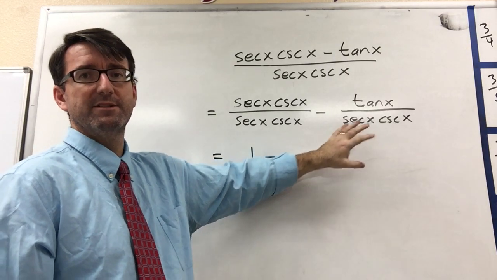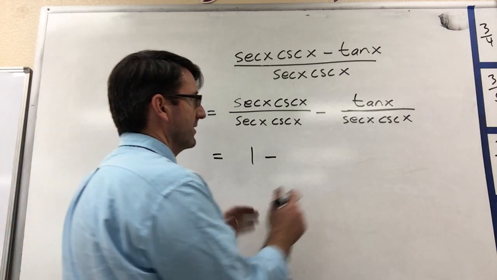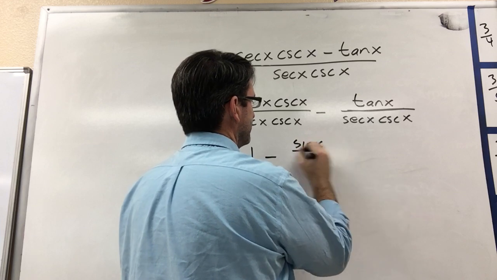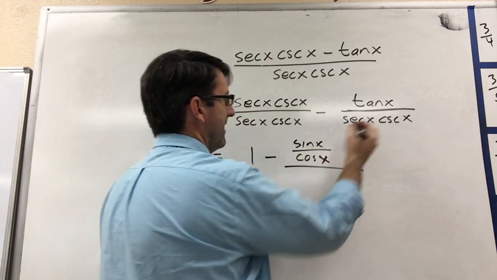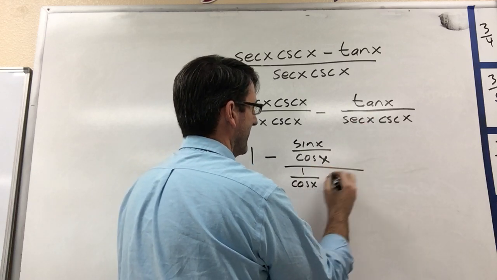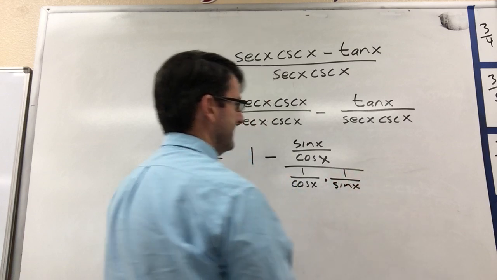So let's turn everything into sine and cosine. Put everything in terms of sine and cosine. So tangent is going to be sine x divided by cosine x. And then in the denominator, secant x is 1 over cosine, and cosecant is 1 over sine.